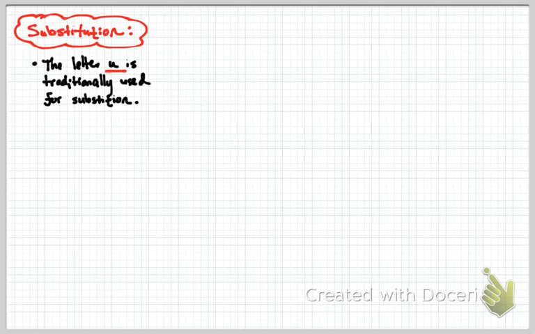Other letters that you might see used, probably not in this class, but in calculus you will, are V, maybe Z, etc. Now, the only one I ever really saw in calculus was V. You might use two different substitutions, a U and a V. Why wouldn't we use X or Y? They're already being used. Very good.